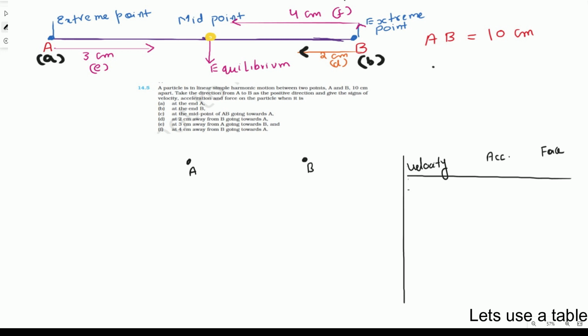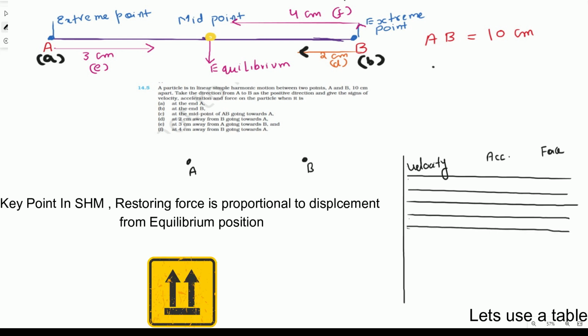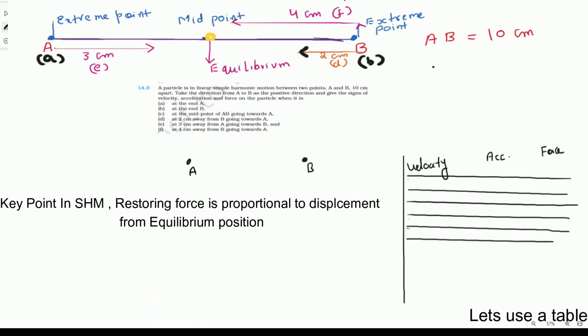We will have 6 rows in this: 1, 2, 3, 4, 5 and 6. Okay, let's draw the rows and columns.